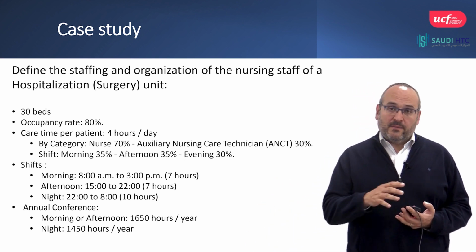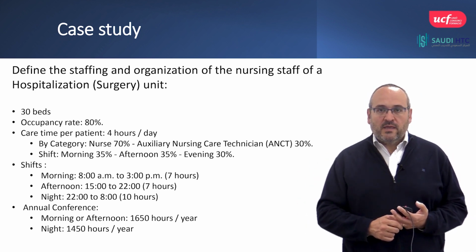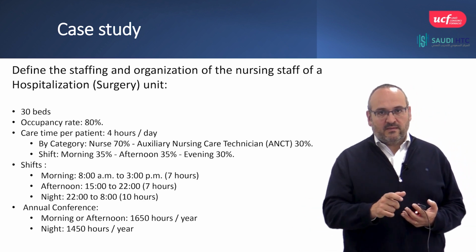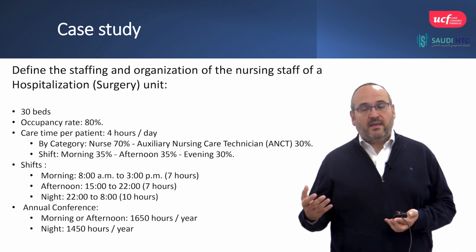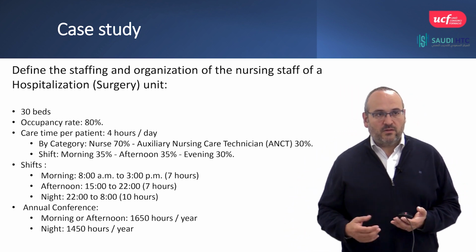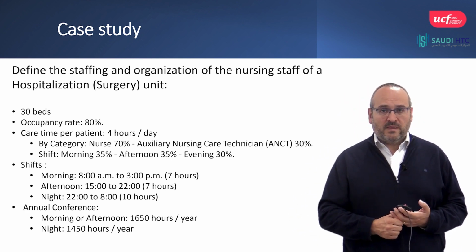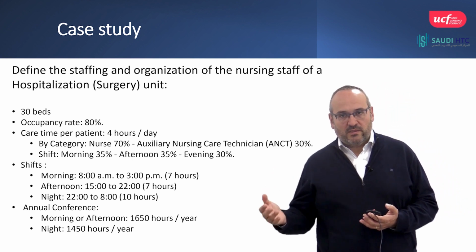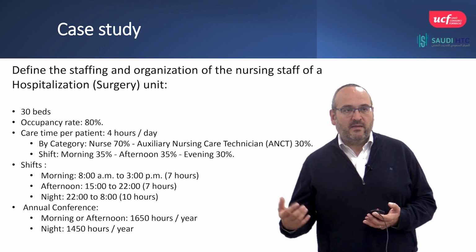It is also considered that the work will be distributed as follows: 35% in the morning shift, 35% in the afternoon shift, and 30% in the night shift. We also know that in our hospital center, there are 3 work shifts: morning, 8 to 3, afternoon, 3 to 10, and night, 10 to 8 in the morning.